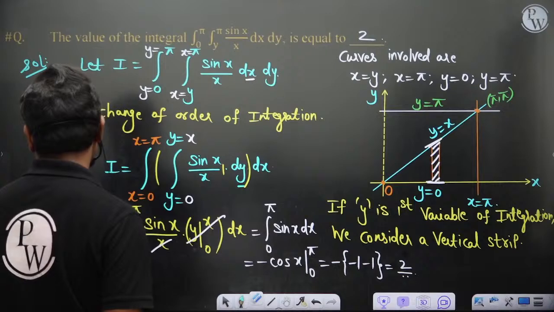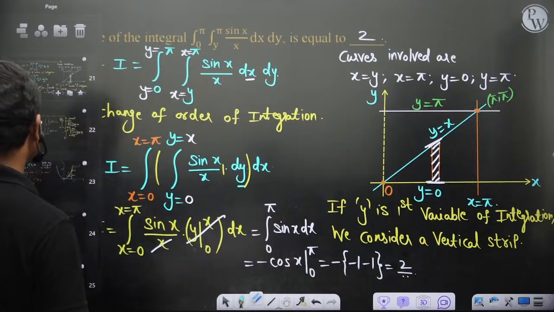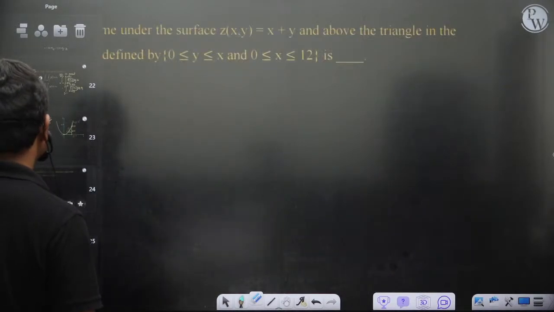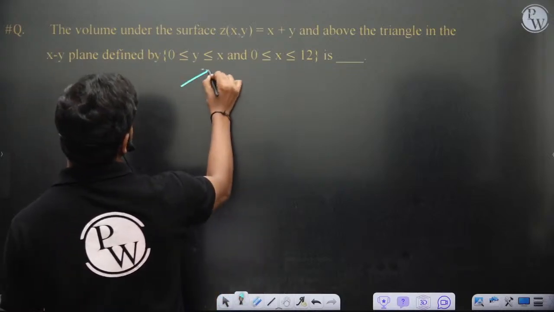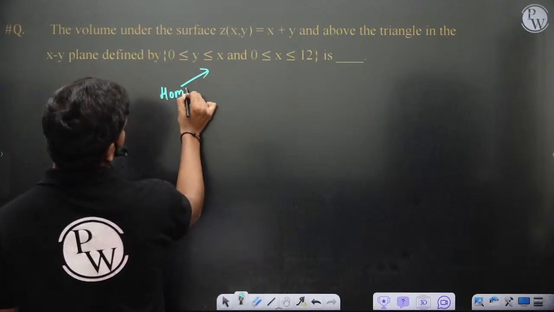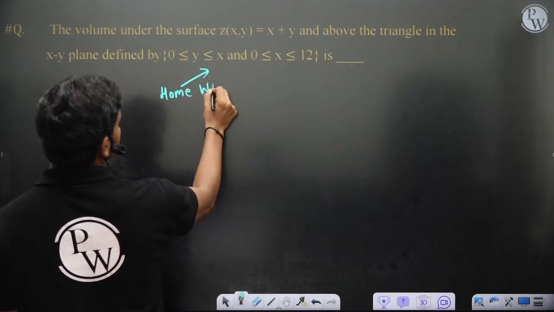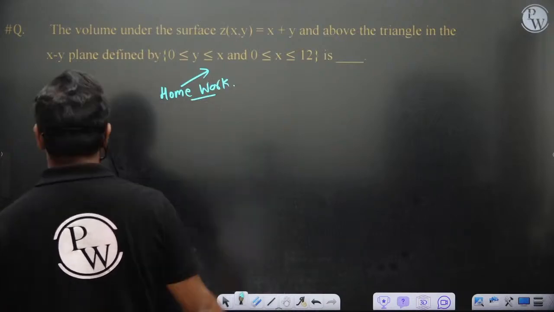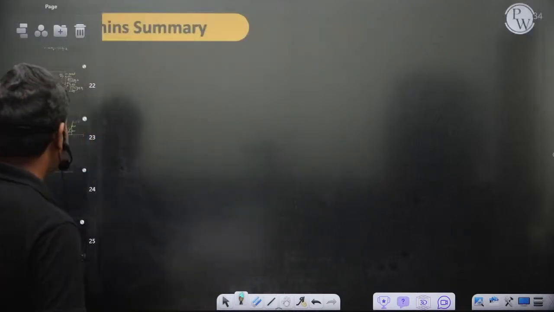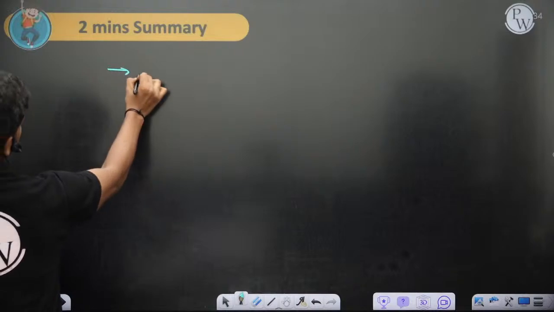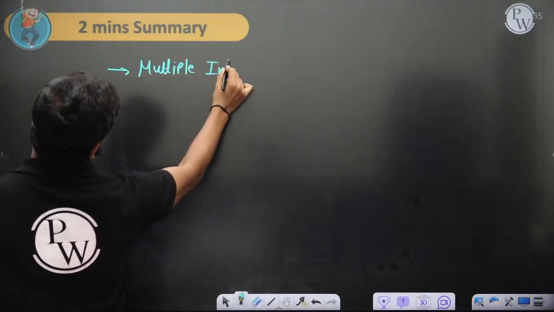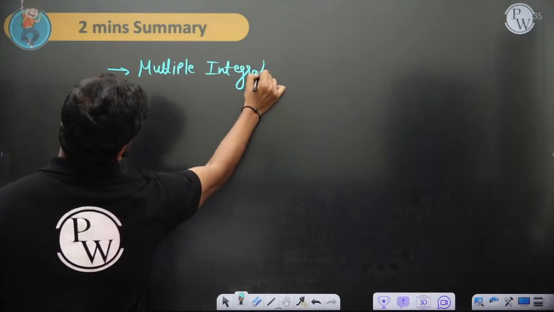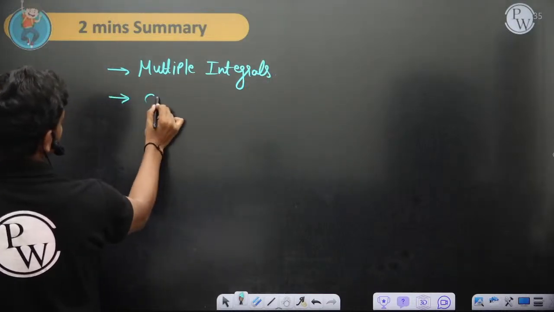In today's class, you can calculate this also, so this is also homework. Both are two different functions, z is changing, so just calculate this. In today's class we have talked about multiple integrals, and most importantly coordinate transformation.